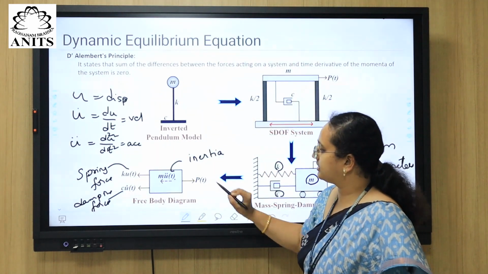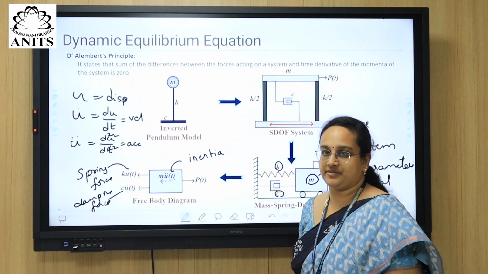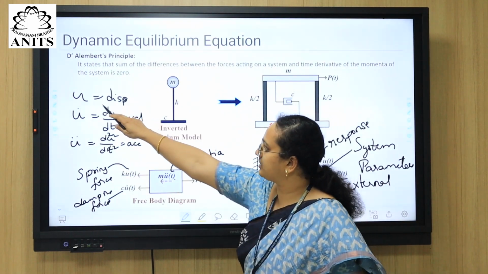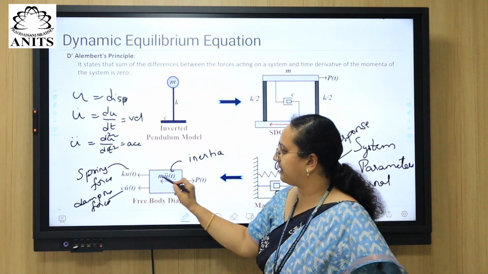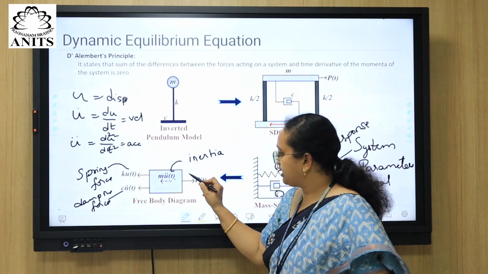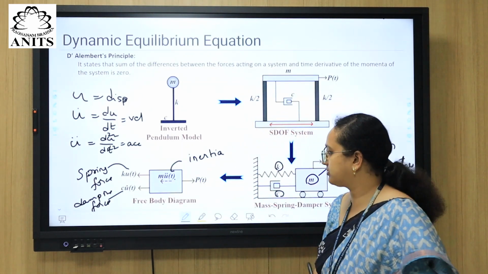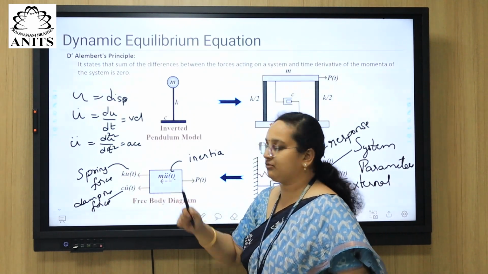So this is the load force that is applied for every unit time step. Okay, P of T. This is causing a displacement of U of T, and then it is resisted by three kinds of forces: inertia force, spring force and damping force. Three kinds of forces: M u double dot, K u and C u dot.